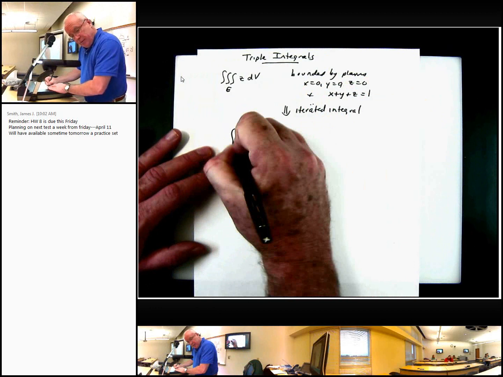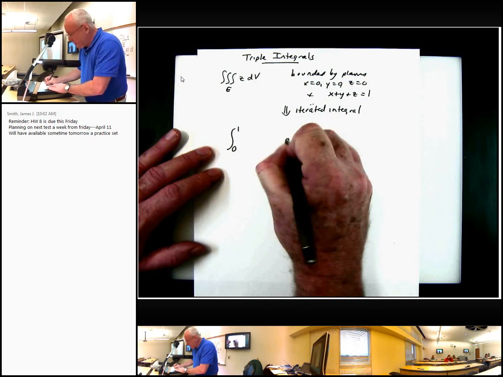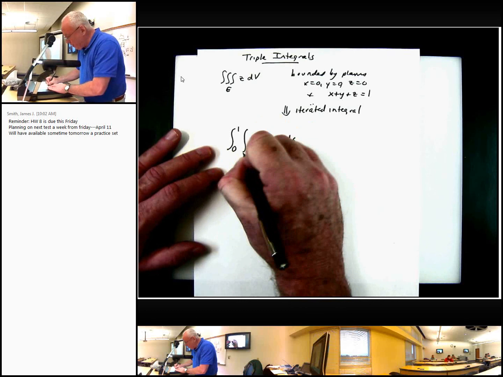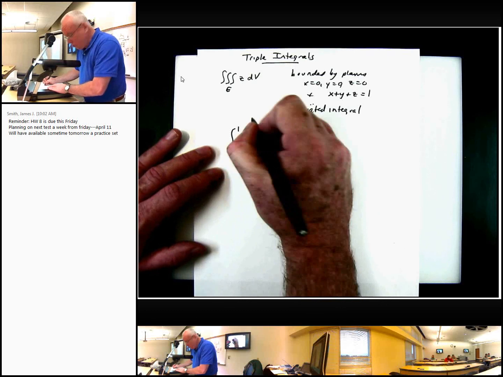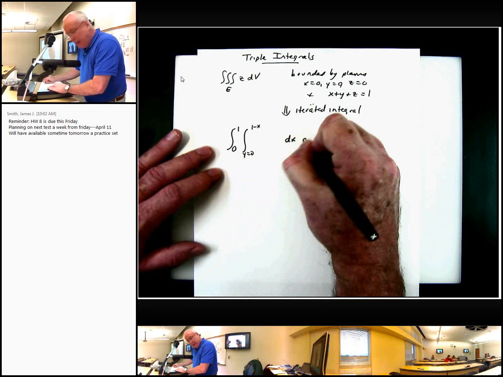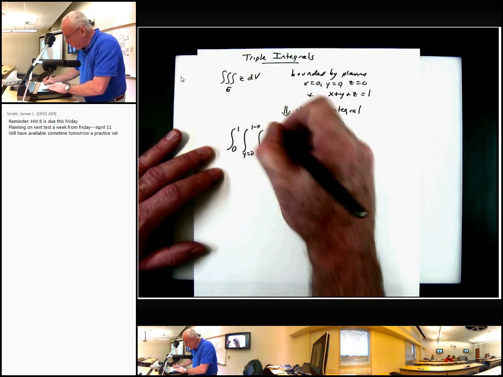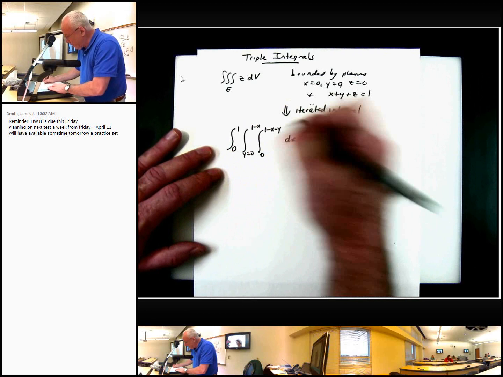We had x going from 0 to 1 for dx, and then y going from 0 to 1 minus x for dy, and then z was going from 0 to 1 minus x minus y.